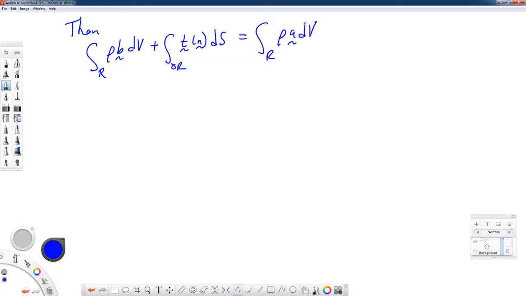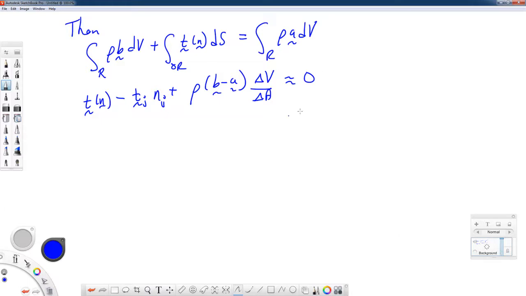And with the approximation then of a continuous region and so forth, we can rewrite this as this term t of n minus tj in j plus rho b minus a, delta v by delta a, is approximately equal to 0 when we put all the terms on the one side.